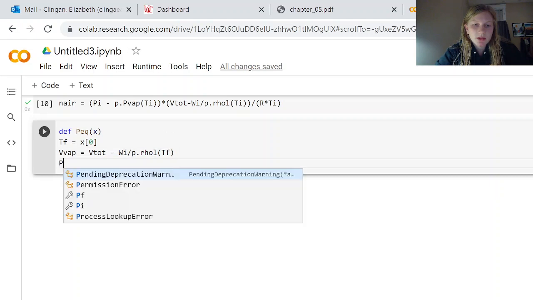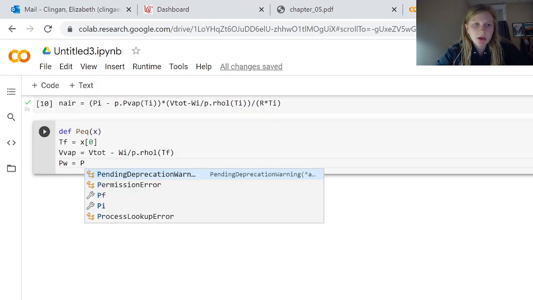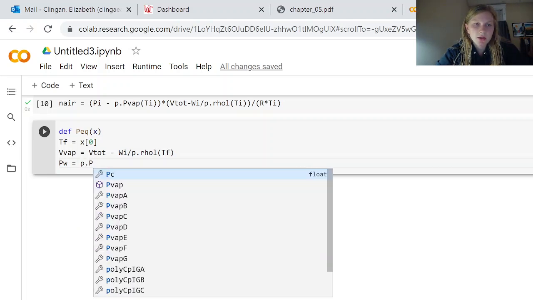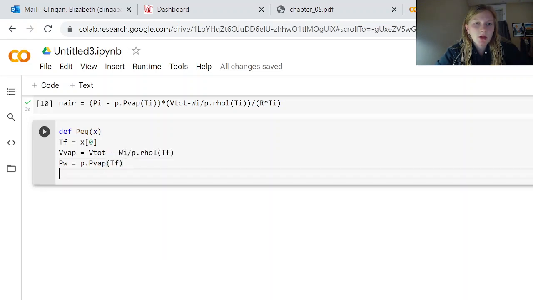And then we also need the partial pressures of the water. So the pressure of the water we can get from the Antoine equation, which is already loaded in our files. Just do that. And then the partial pressure of the air is going to be the PV equals nRT.